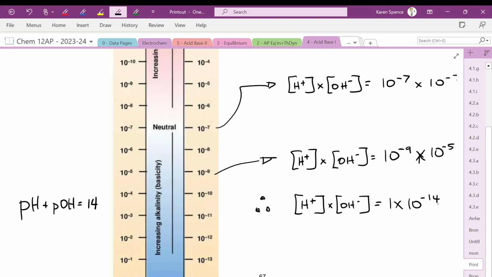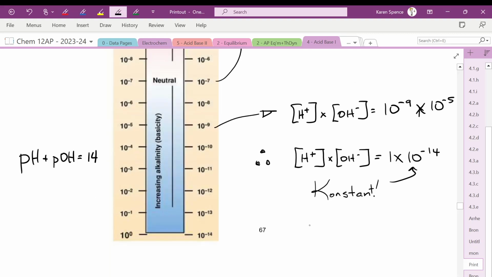And because that is constant, what do you think we might call it? We might call it a K. And in fact, this one is the Ka for water.